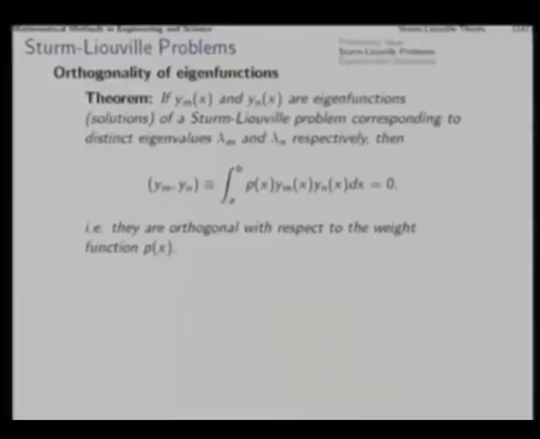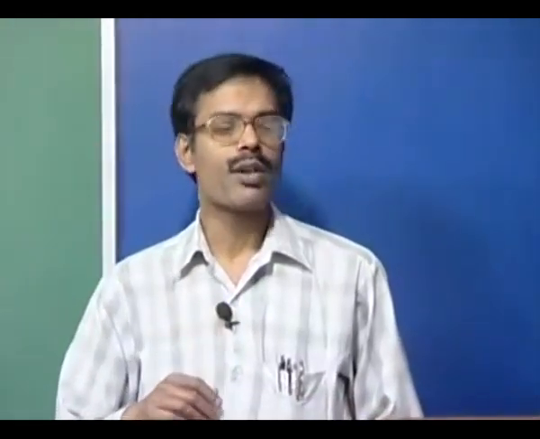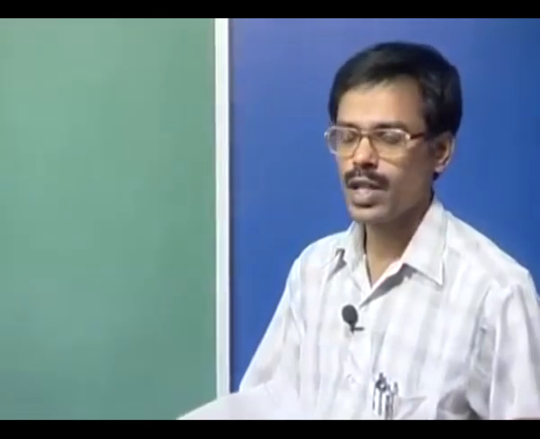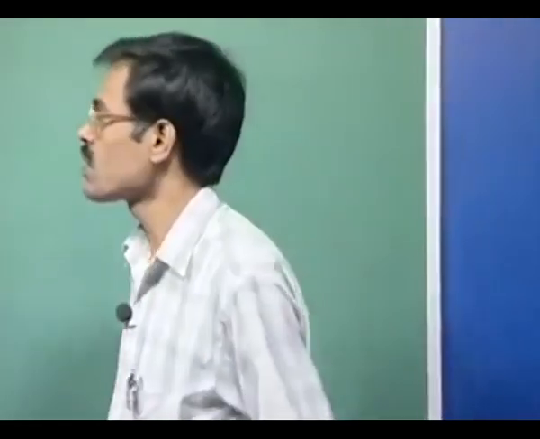Now, the question is why do we really require orthogonality? Linear independence should be enough for representation of functions, as we did in the case of vectors in ordinary vector spaces. To appreciate the importance of orthogonality, let us see a situation in the case of ordinary vector space.